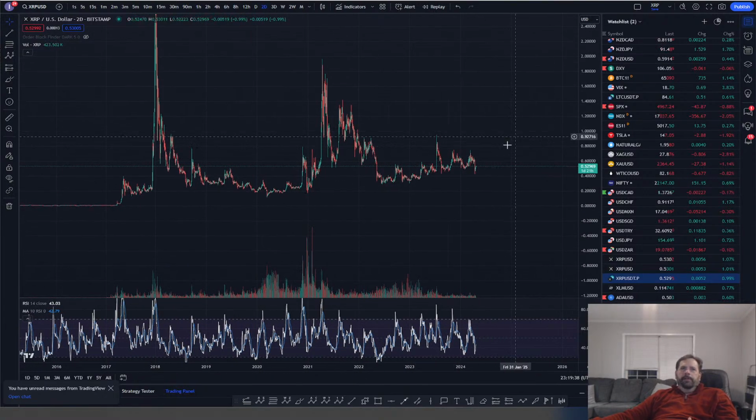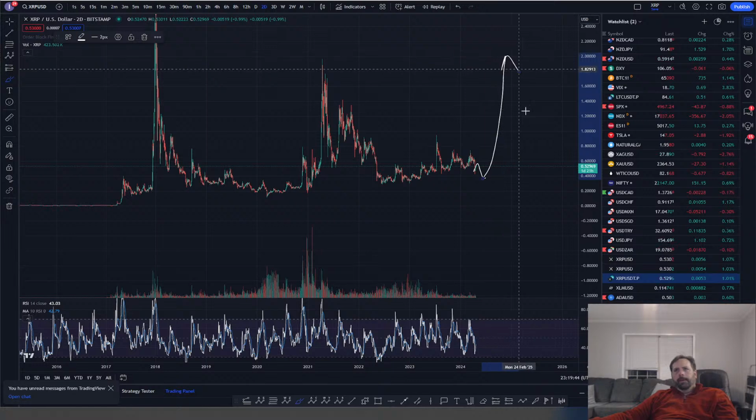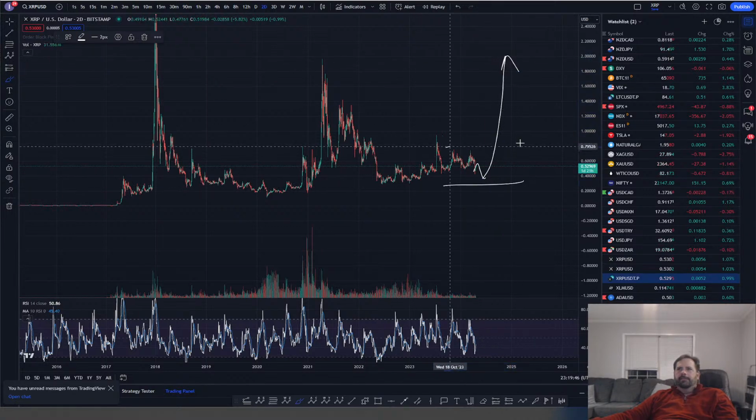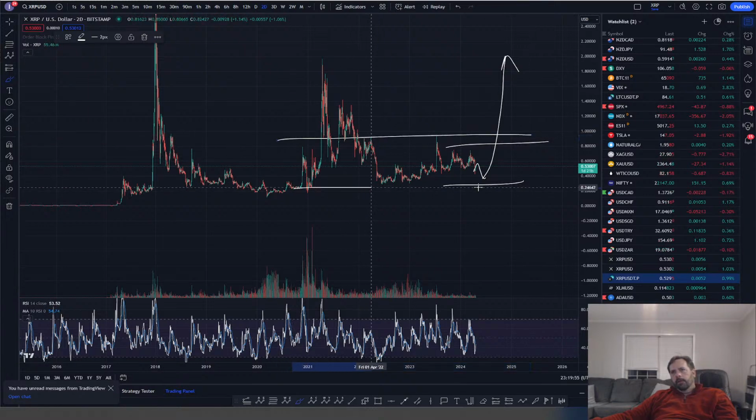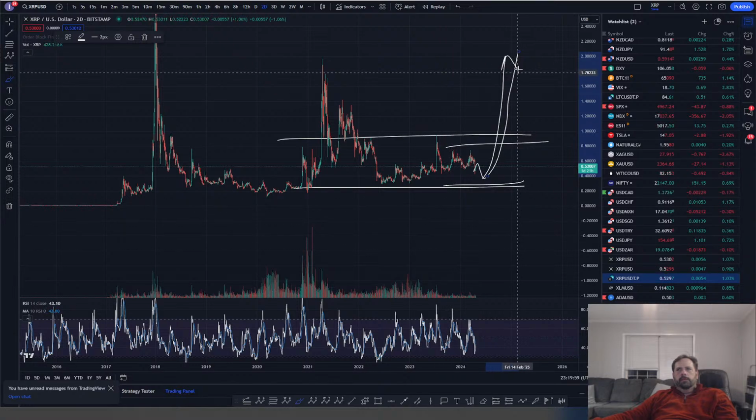I'd say that ultimately looks bullish. The question is, how is this going to play? I don't know. But I think ultimately this is a buy zone for sure. Well, nothing's for sure, but with a good, long term hold, I think it's a good buy zone. See if we get a move up out of here.